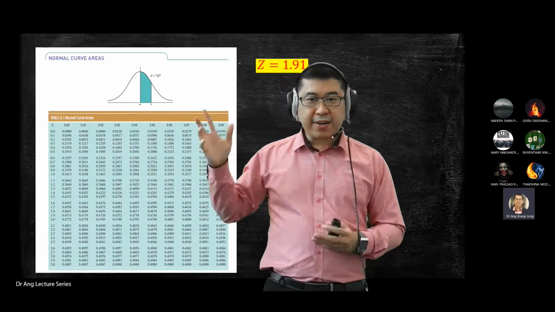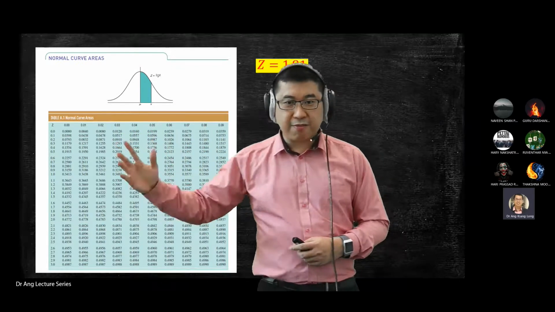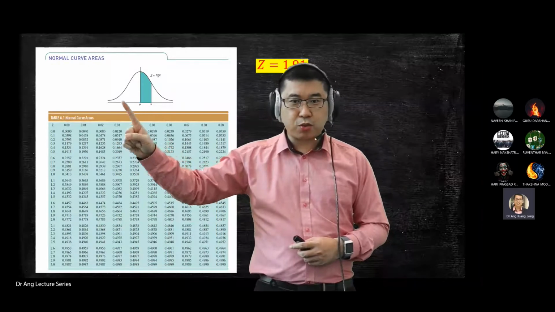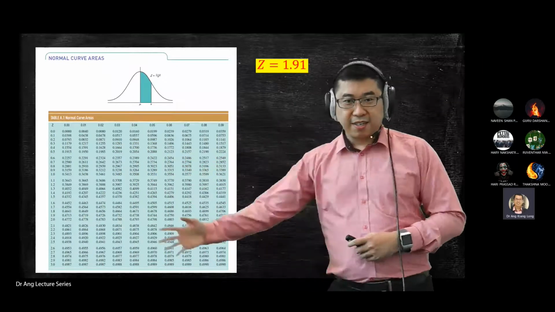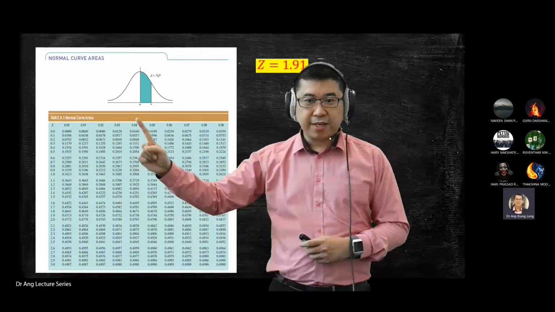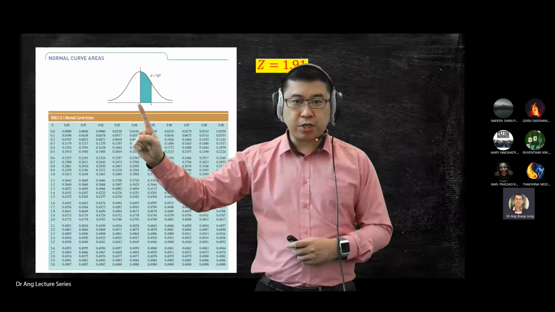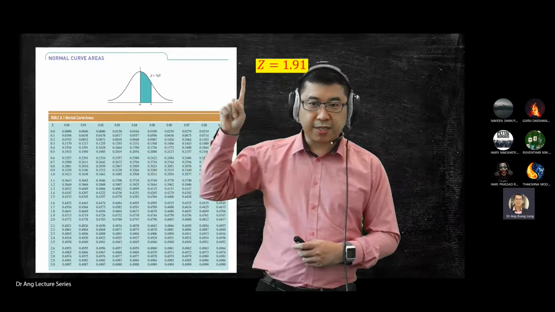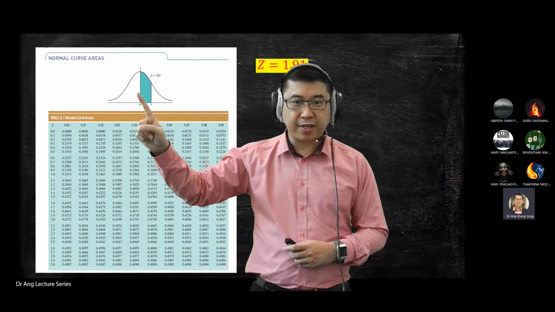The area you see in this graph is the one you highlight from 0 to your Z value. Then if your Z is negative, your highlighted area is here.